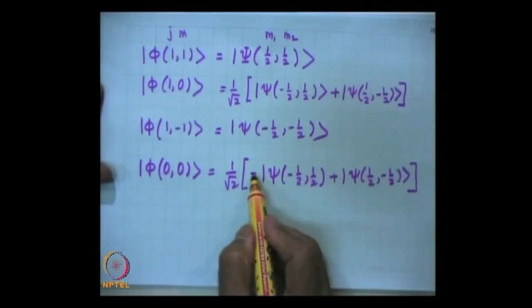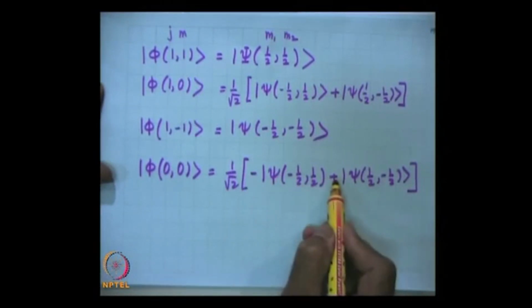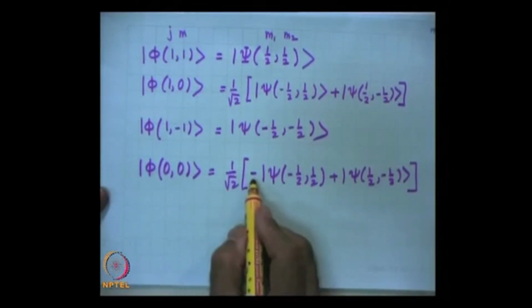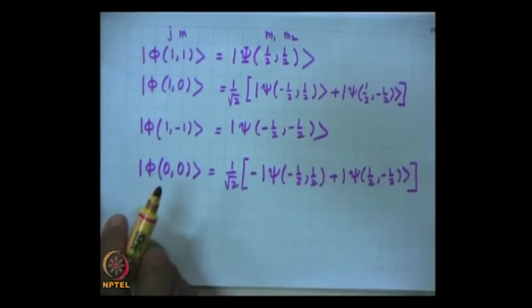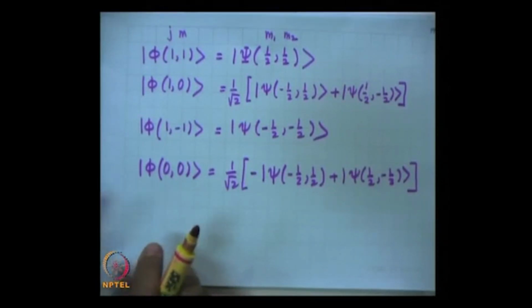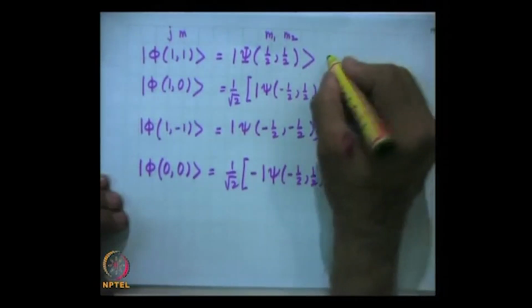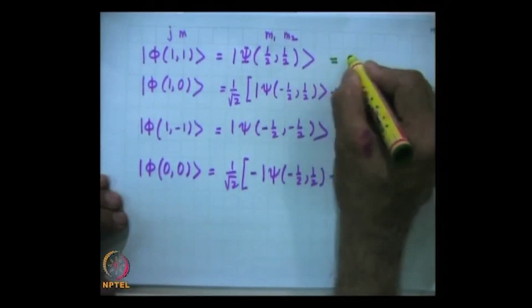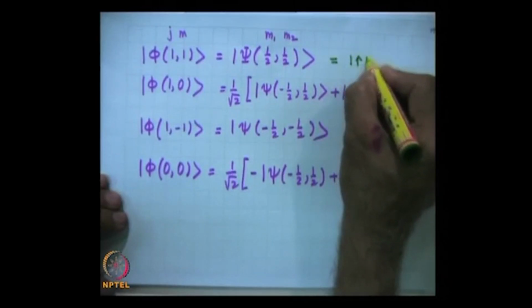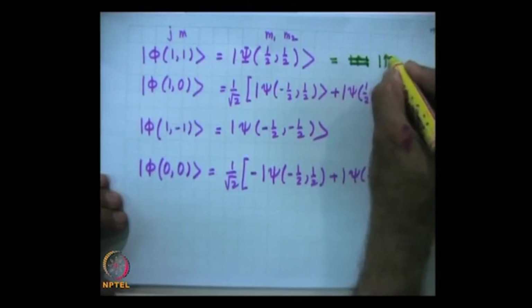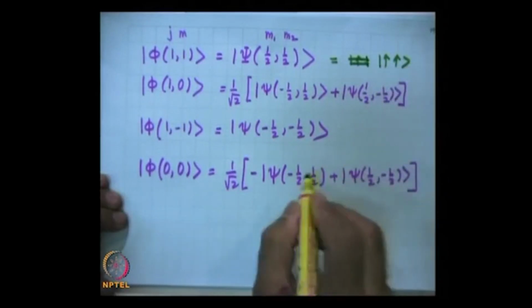I could have easily chosen plus here and minus here, but as a matter of convention it is chosen minus here, and I will tell you why. This state is often represented as spin up state. So, this is up, up, both are pointing upwards.